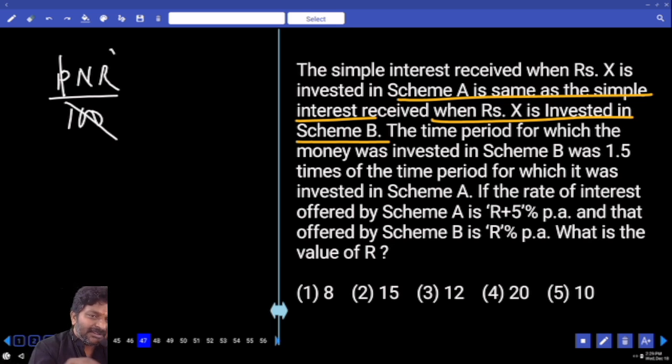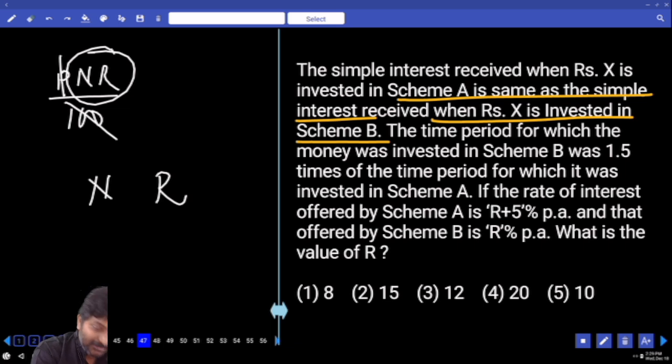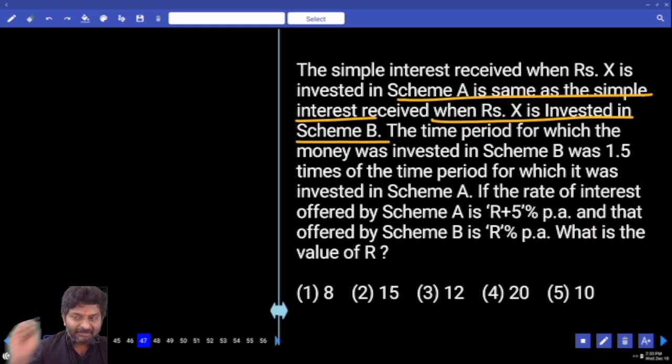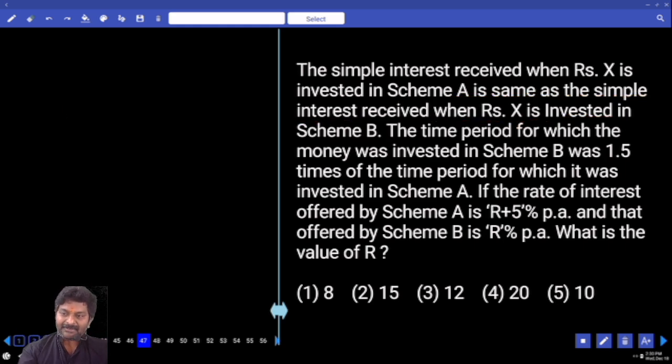So what are the other two variables? N and R. If simple interests are the same, what should be the relation between rate of interest and time period? Directly proportional or inversely proportional? Inversely proportional. Time period and rate of interest must be inversely proportional to each other.